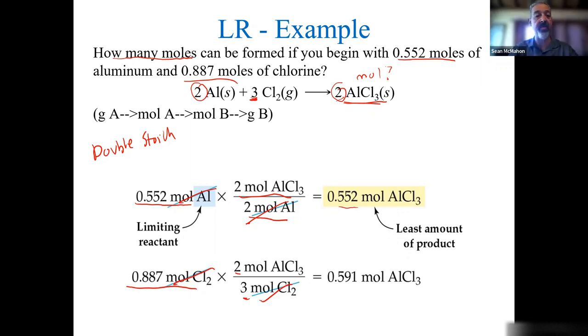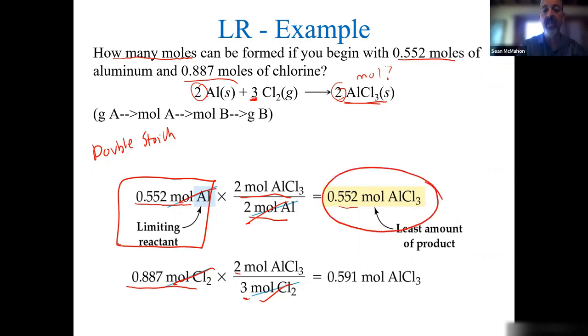Just like with the cheese sandwiches, there were only 3 slices of cheese and 8 slices of bread. So I could only make 3 cheese sandwiches, and I had excess bread. So the limiting reactant, the one that gets used up, is the aluminum. How do I know that? It produced, basically in that analogy, the 3 cheese sandwiches, the smaller amount of product.